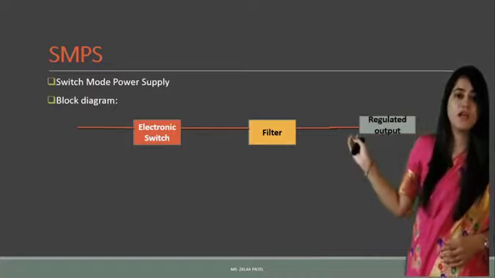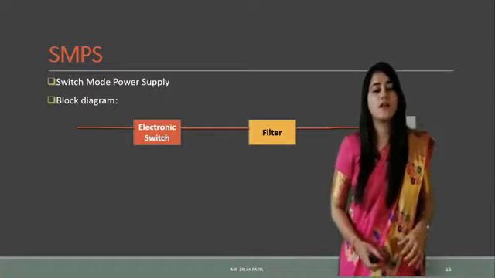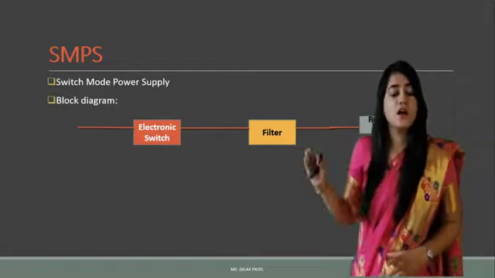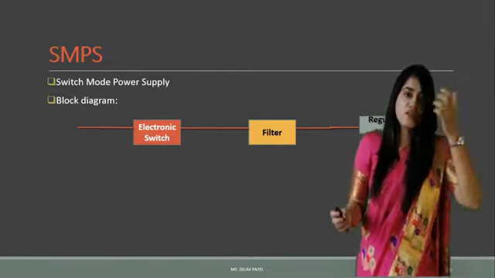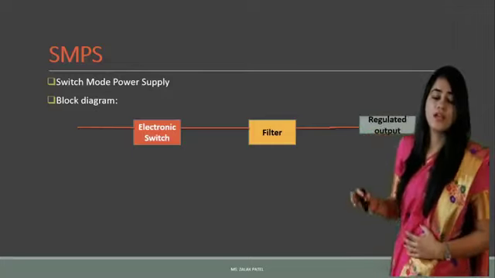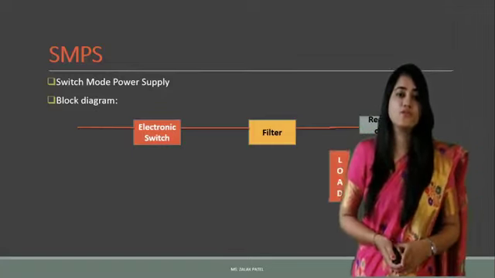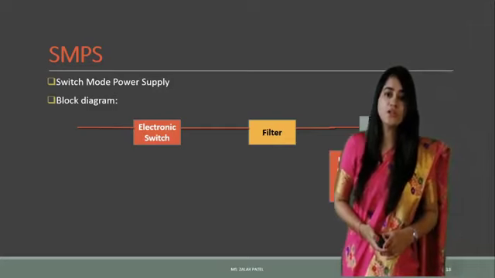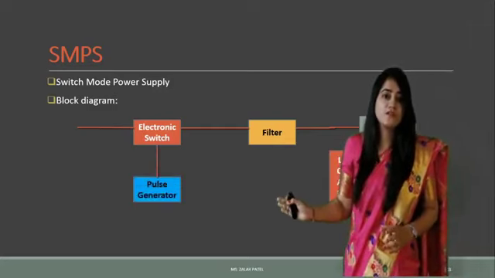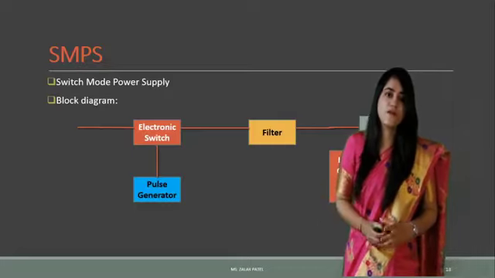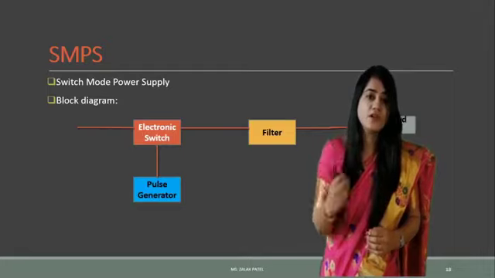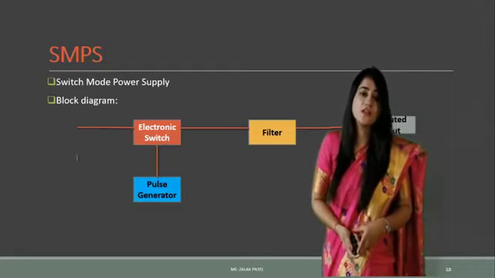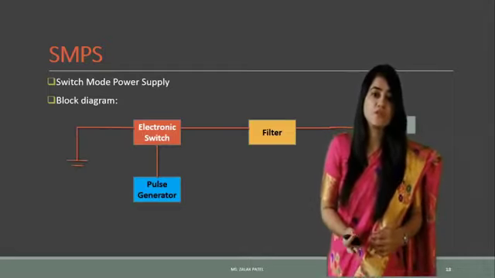The next block is the regulated output, because the electronic switch is either on or off, and by this switch we can get the regulated output, which is further given to the load circuit. The pulse generator is necessary in a switch mode power supply, because each generated pulse is compared with the switch output, and then the filter removes the distortion from it and generates the output.